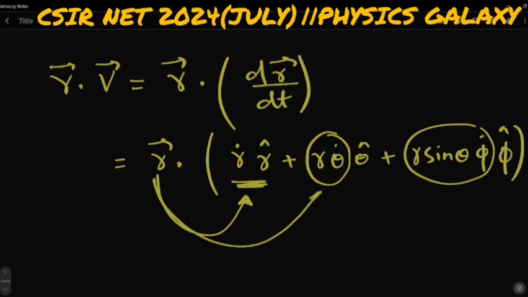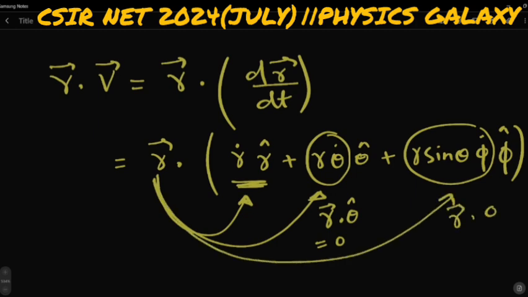When we dot it with the others, it will become 0, because r vector dot theta cap is 0, perpendicular. Similarly r vector dot phi cap will also be 0, because r, theta and phi vectors are all perpendicular to each other, right?